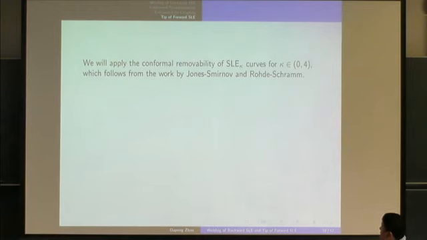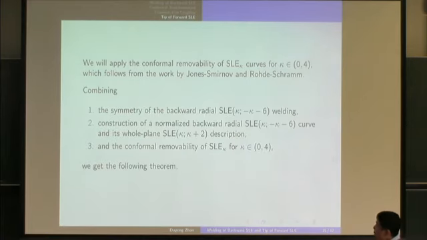We will apply the conformal removability of SLE kappa curves for kappa strictly less than 4, which follows from work by Peter Jones and Stanislav Smirnov and Steffen Rohde and Oded Schramm. Now, combining the symmetry of the backward radial SLE kappa minus 6 welding, the construction of a normalized backward radial SLE kappa minus 6 curve and its whole plane SLE kappa plus 2 description, and the conformal removability of SLE kappa for kappa less than 4, we get the following theorem.